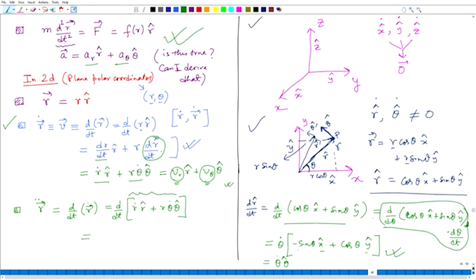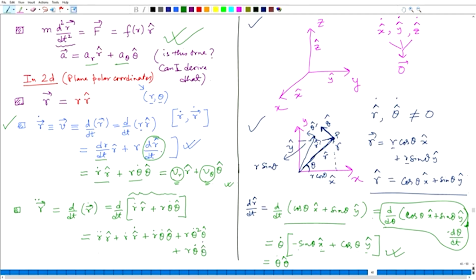Okay. So, I simply write, using the chain rule, r double dot r cap plus r dot r cap dot plus r dot theta dot theta cap plus r theta double dot theta cap plus r theta dot theta cap dot.